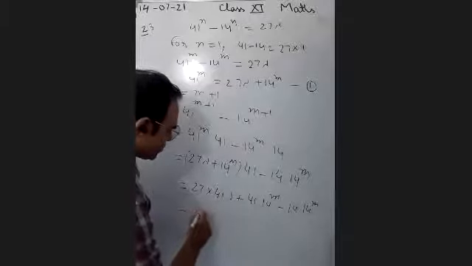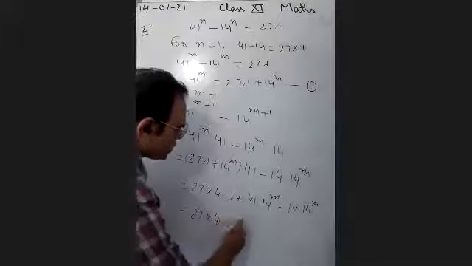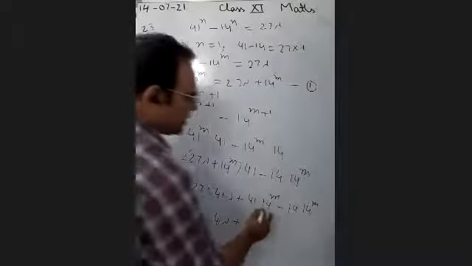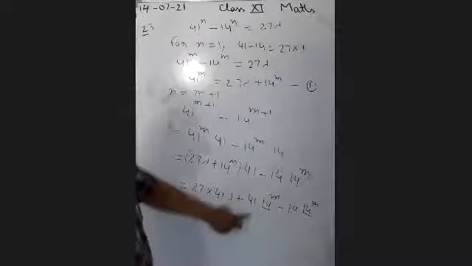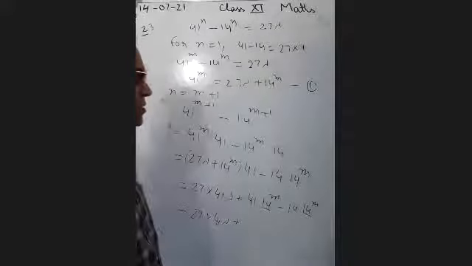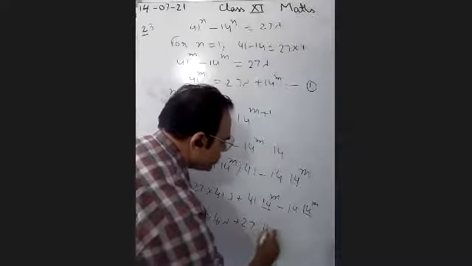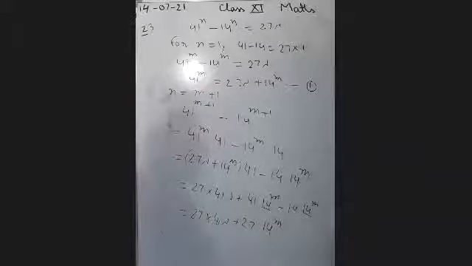In 27 into 41 lambda plus 41 into 14 to the power m, if we subtract 14 into 14 to the power m, these two terms are like terms, 41x minus 14x. We can subtract these two terms. We will get 27 into 14 to the power m, okay?